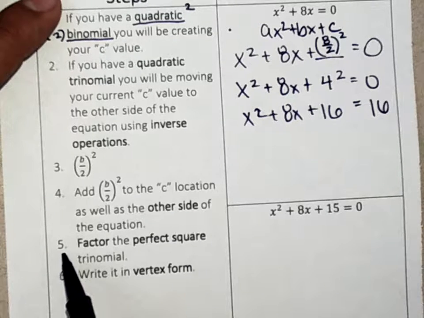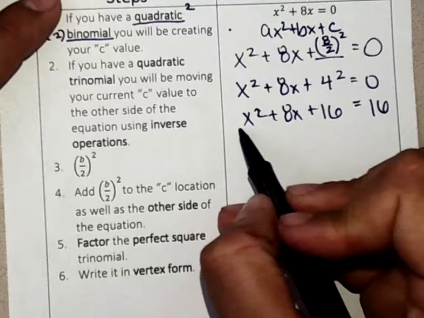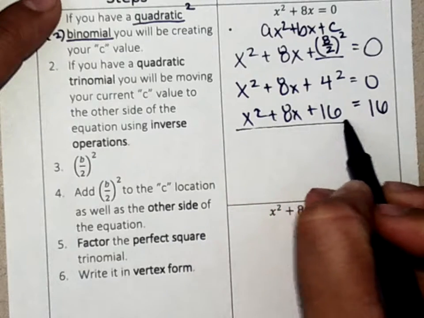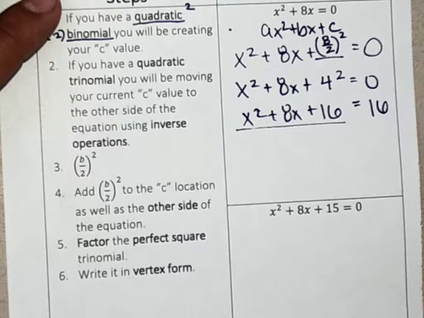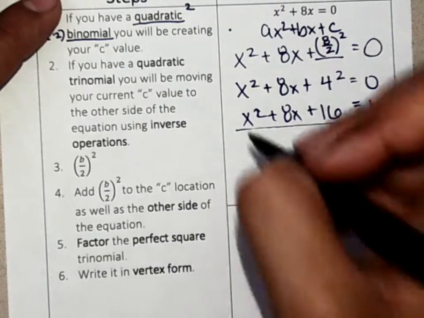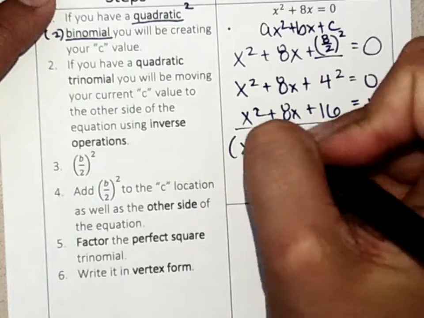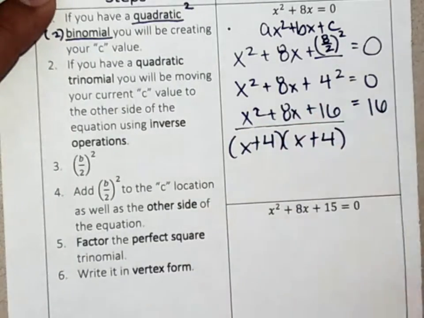In step 5, it says factor the perfect square trinomial. This is a perfect square trinomial, which brings us back to our earlier notes in Unit 2. This means that we could write this as x plus 4, x plus 4.